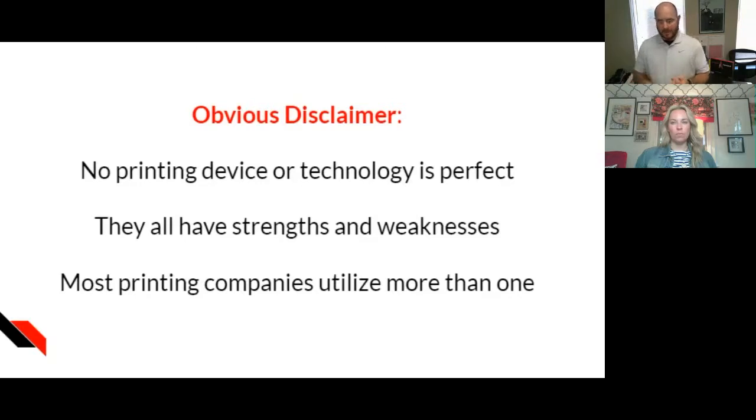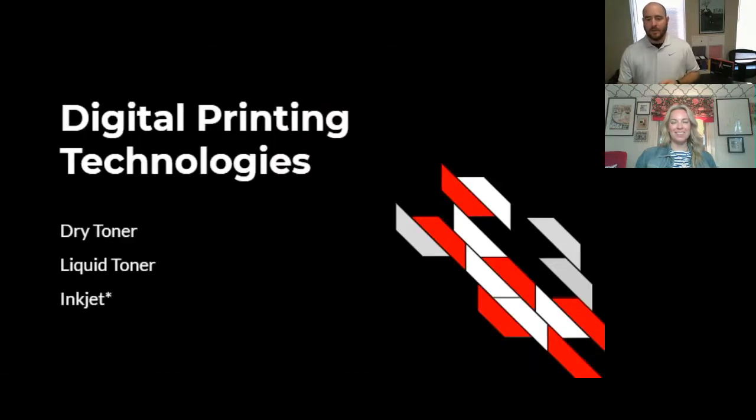For instance, here at Davis Direct, we are primarily an offset lithography printer, but we have all three of the printing technologies in some form or fashion. So, disclaimer, there's no perfect machine. If a printer or a manufacturer of a device says there is, run for the hills.